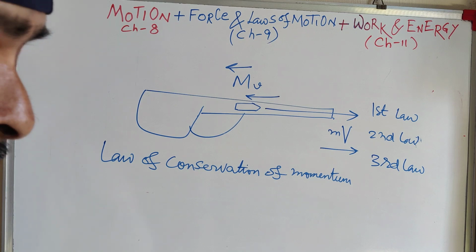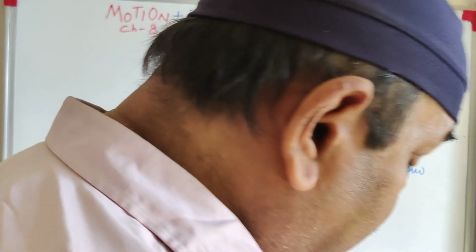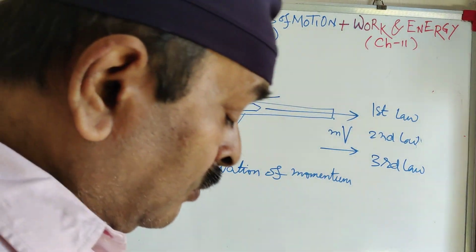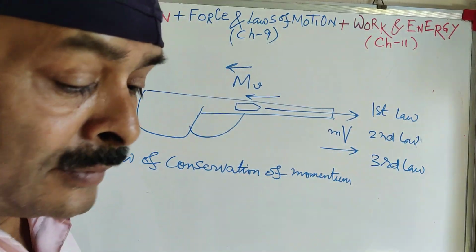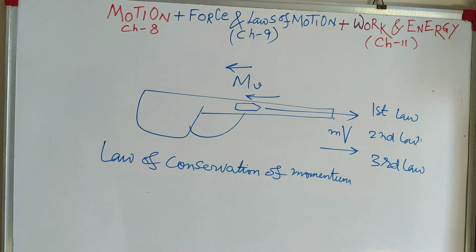These are the concepts of force and laws of motion. So in the second chapter, chapter 9, what we can conclude is that it is talking about force and laws of motion. Force is nothing but some agent which does work or makes a body move from rest to motion or from motion to rest.